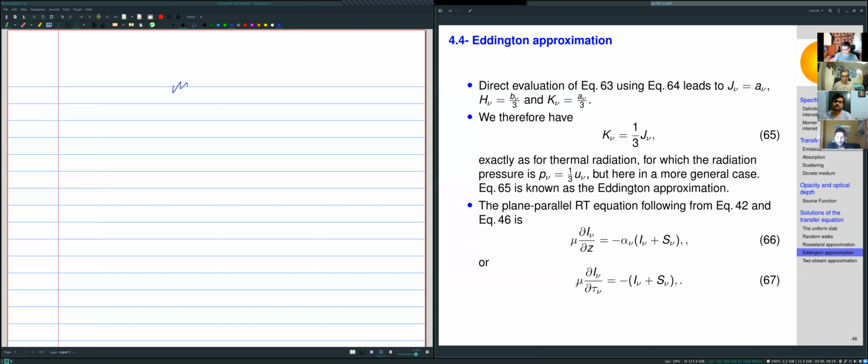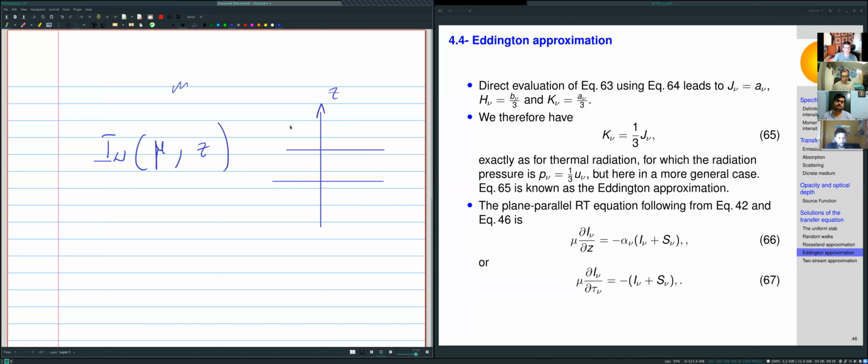Well, let's remember here that we have this field. So the field is dependent on direction and on position. This is plane parallel geometry. So this is z, and we are assuming that everything is plane parallel.